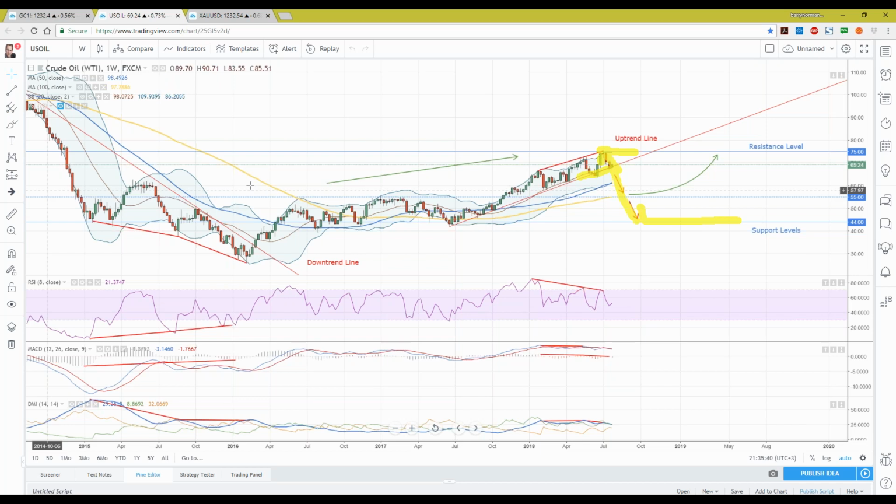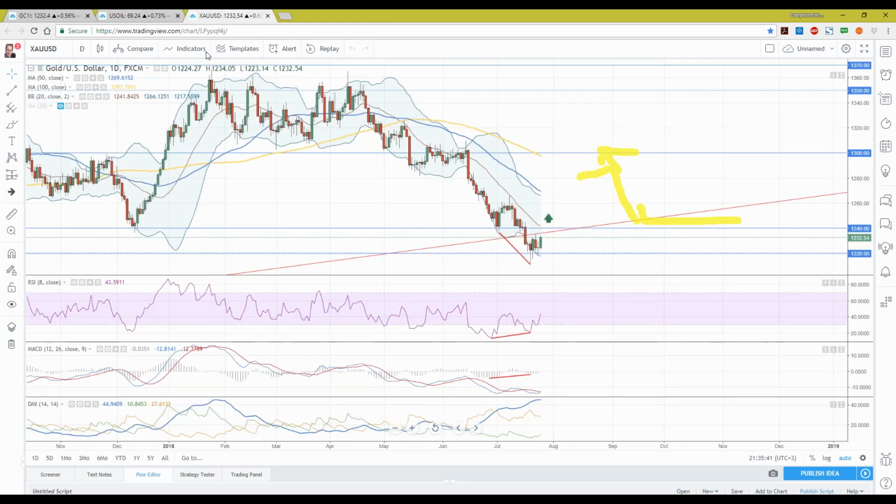Then this is gold US dollar here. And here again, RSI, MACD, DMI, and we have the Bollinger Bands drawn on the chart. We see price well underneath the moving average line, which is right here. Let me highlight that for you. So we see price moving down.